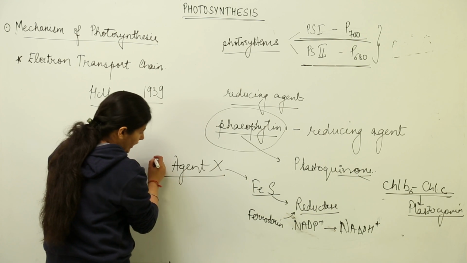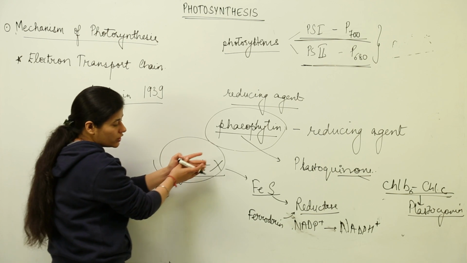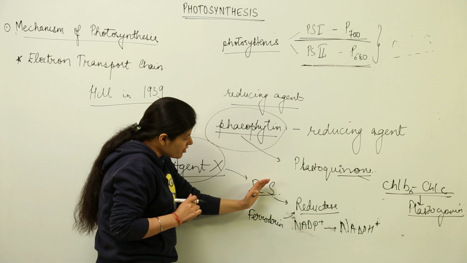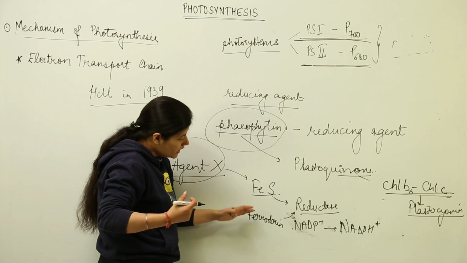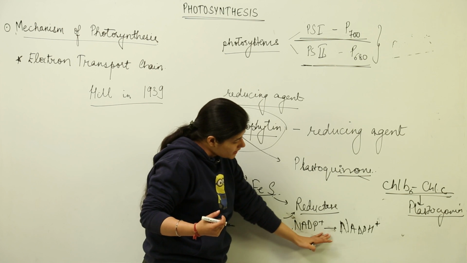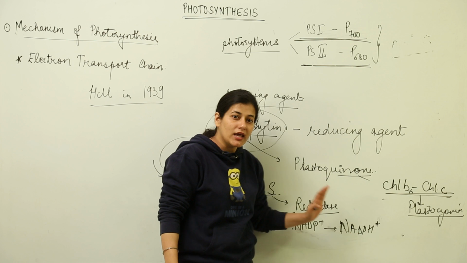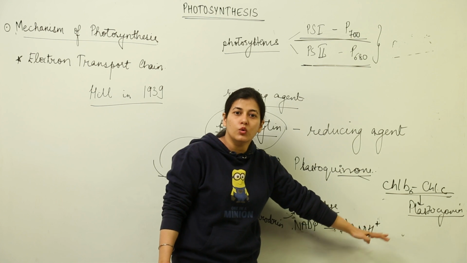It goes to the agent X, which is a chlorophyll molecule. It passes on its electron to a membrane bound FeS compound. This FeS compound, with the help of ferredoxin, which takes up the electron, enables the reduction of NADP positive to NADPH. So, the electron that was excited from the beginning gets fixed up over here.